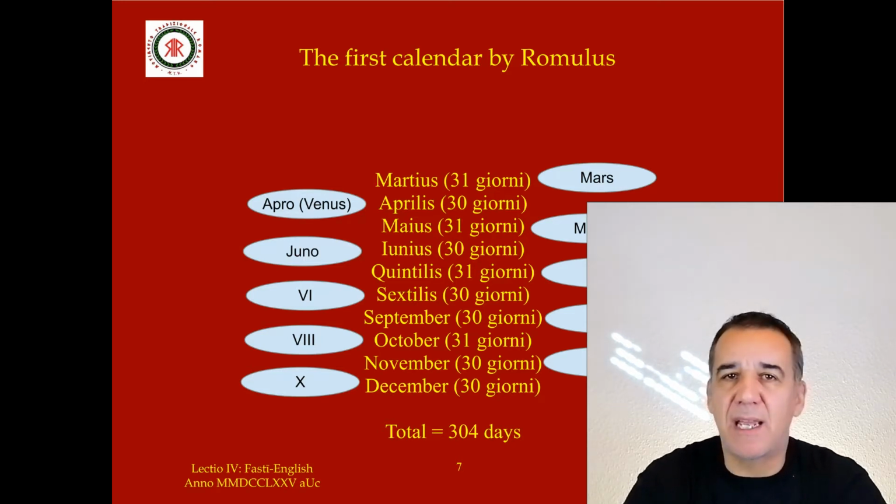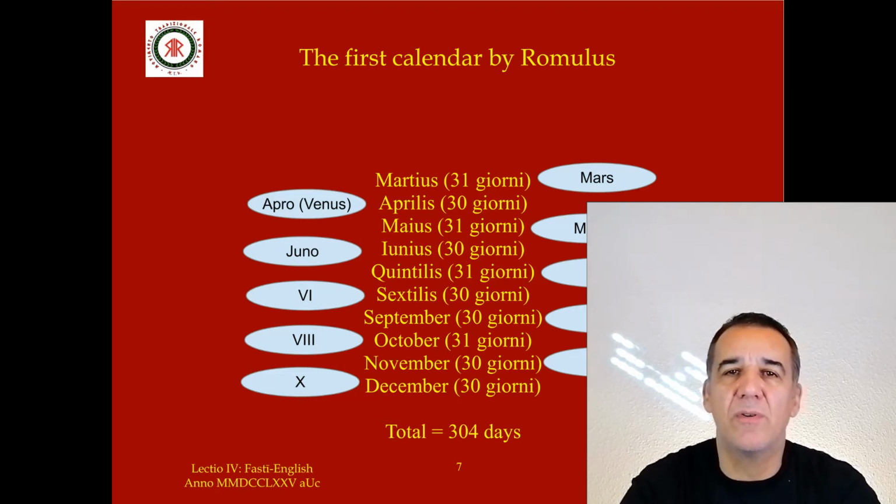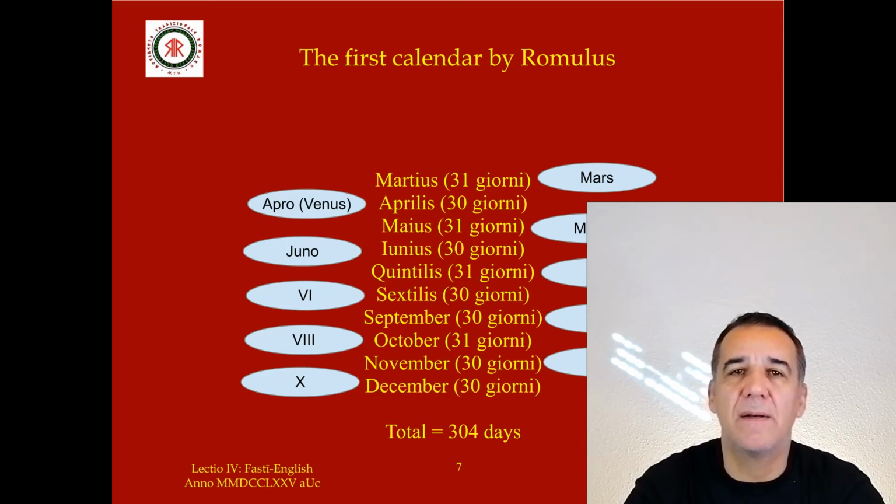Probably we can just guess this was due to the fact that in winter there was no activity, no agricultural activities, and also there were no wars. Wars were done only from spring to autumn. So actually it looked at the time that these 2 months were not useful or were not the time to be measured.